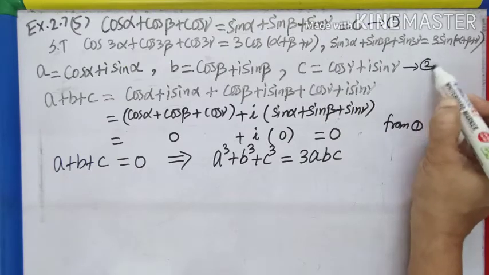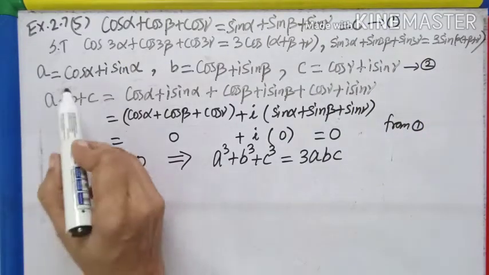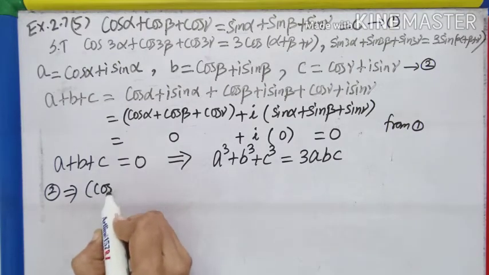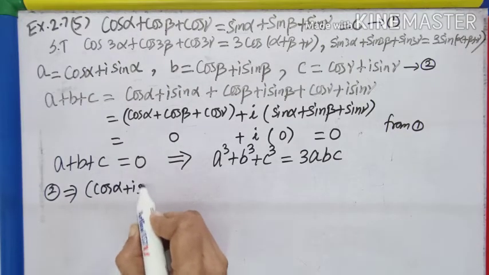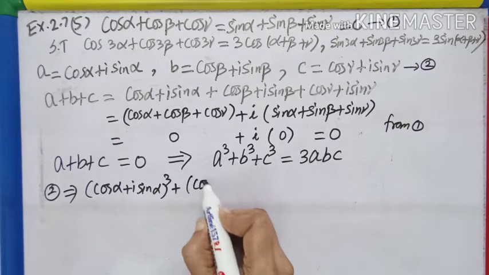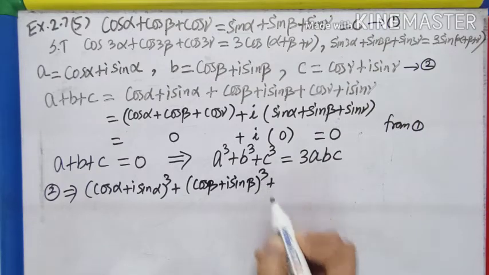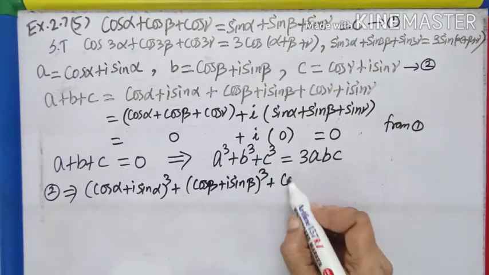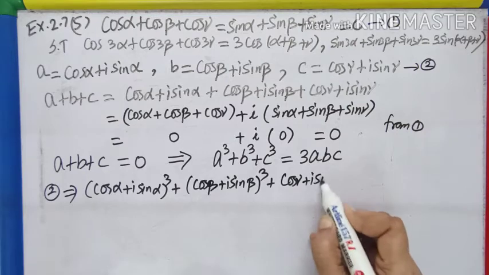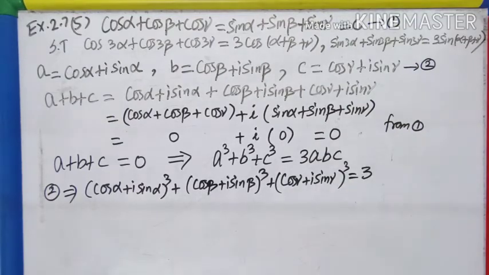So let me substitute. So 2 implies wherever A is coming, (cos α + i sin α) the whole cube, B cube, (cos β + i sin β) the whole cube, C cube, (cos γ + i sin γ) the whole cube equals to 3.